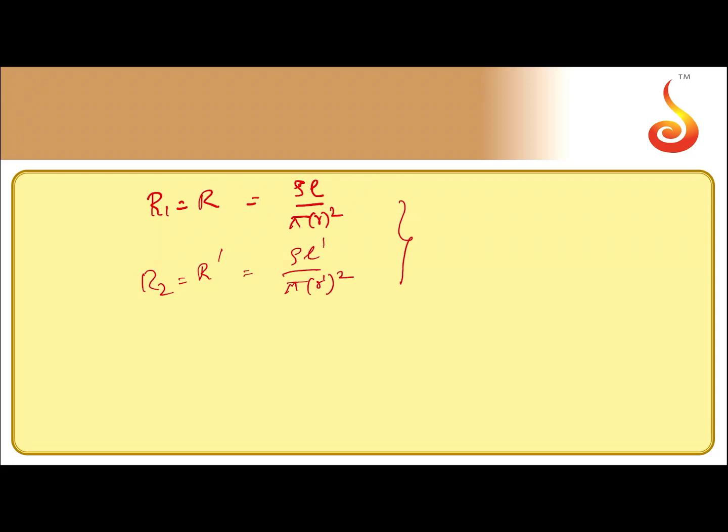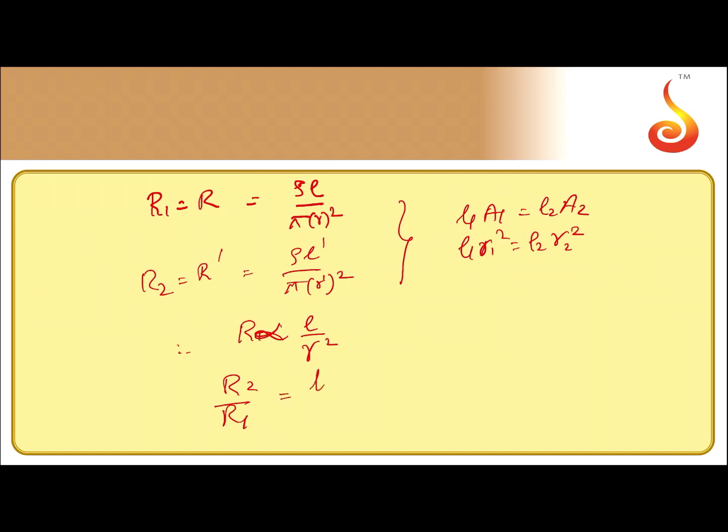Because volume remains constant, we can write L1 A1 is equal to L2 A2. L1 r1 square is equal to L2 r2 square, that is pi r square. So we can write resistance R is directly proportional to L, inversely proportional to r square. Or we can write resistance R2 divided by resistance R1 is equal to L2 by L1 into r1 square divided by r2 square.